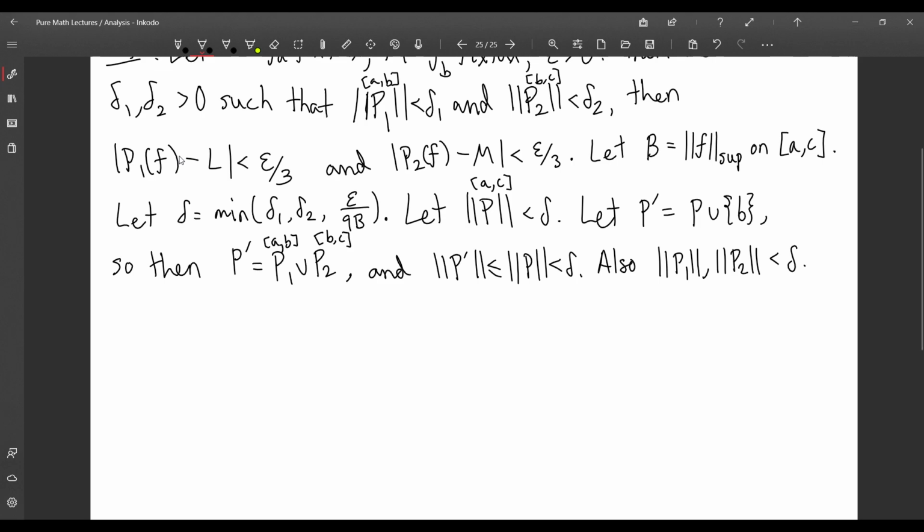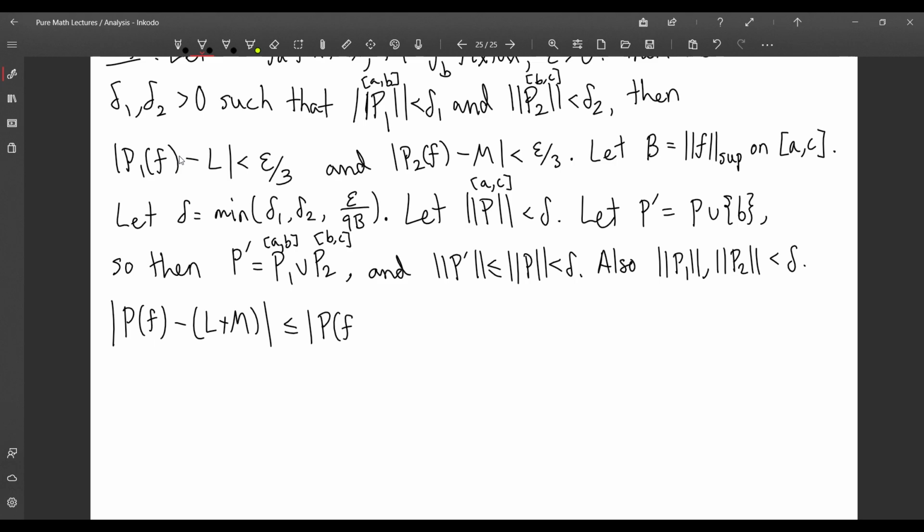So now, remember that P is the partition that we chose for AC. We need to evaluate the Riemann sum of P. So we're going to look at the Riemann sum of F minus the value L plus M, because we're trying to prove that the integral of F is equal to L plus M. And now we're going to use the triangle inequality.